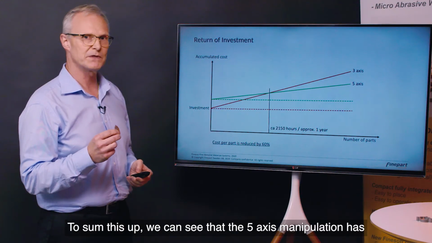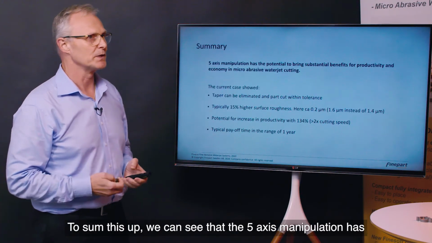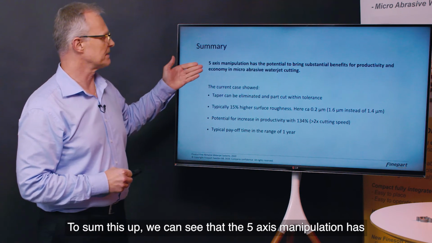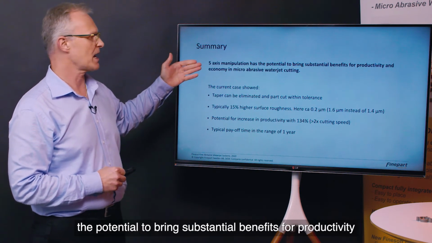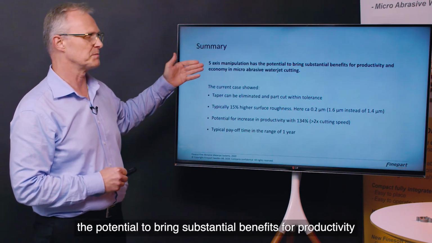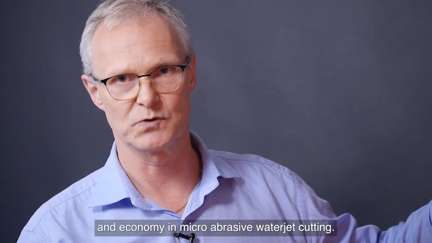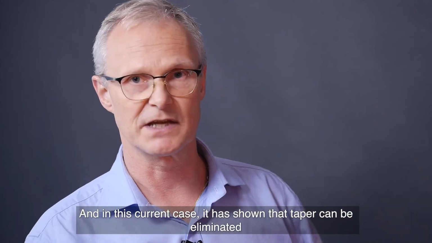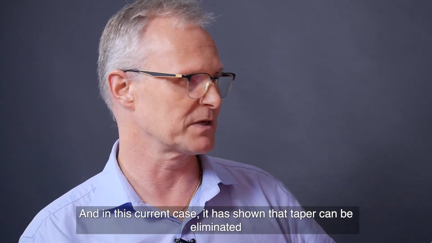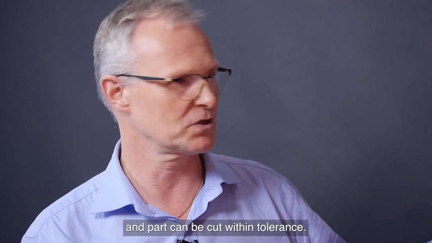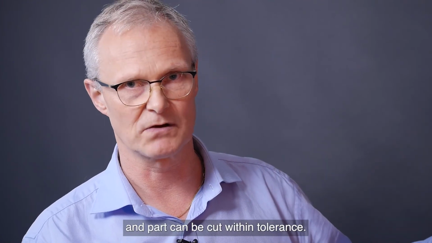To sum this up, we can see that the 5-axis manipulation has the potential to bring substantial benefits for productivity and economy in microabrasive waterjet cutting. In this current case, it has shown that taper can be eliminated and the part can be cut within tolerance.